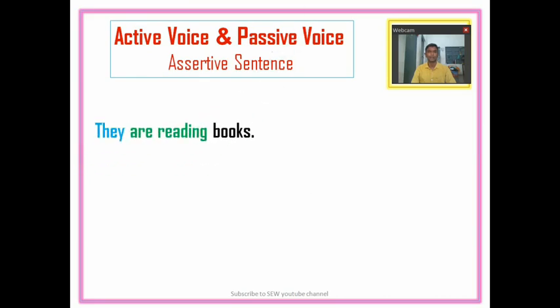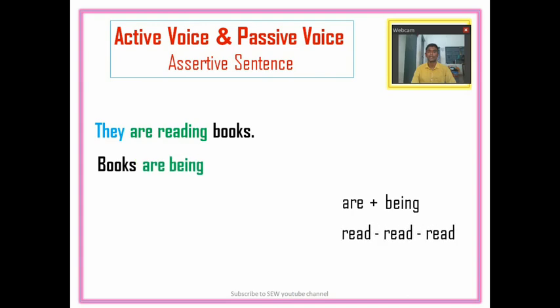They are reading books. They is the subject, are reading is the verb, books is the object. So the first step is that the object becomes the subject: books. Next, the helping verb. Are is the helping verb. What should be added? Being should be added. Next, what are the verb forms of reading? Read, read, read.